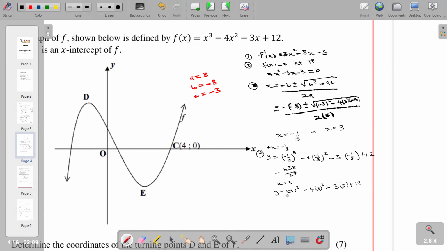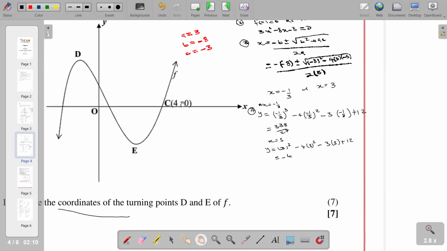Then when we substituted 3, we got a negative 6. At the end of the day, we need to write our answers in coordinate form. So our D is the one which has an x which is negative.